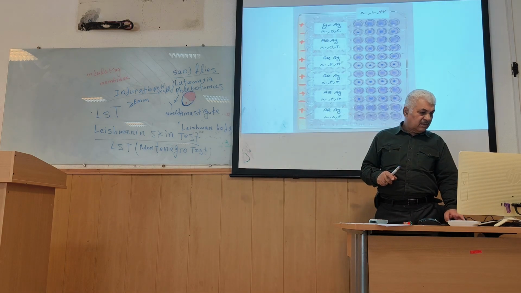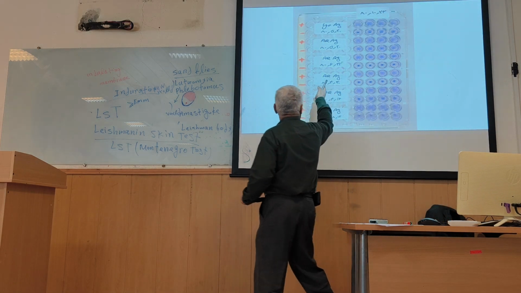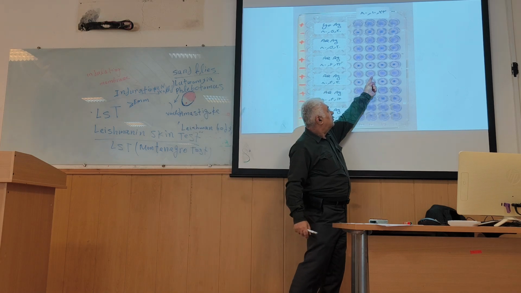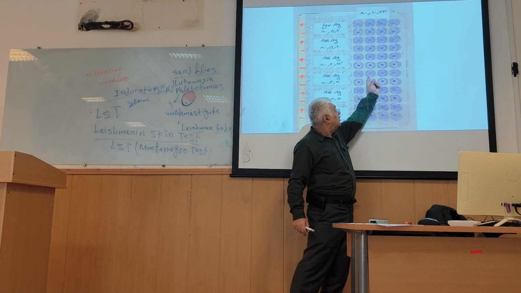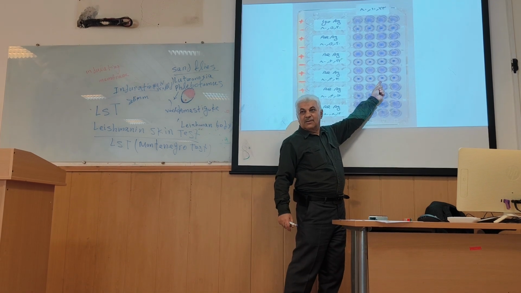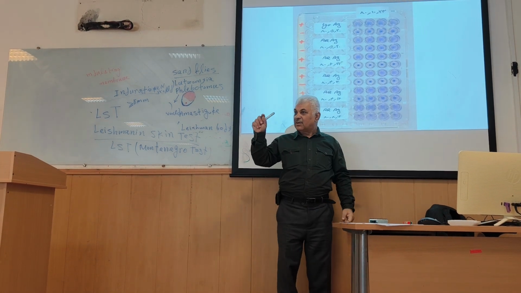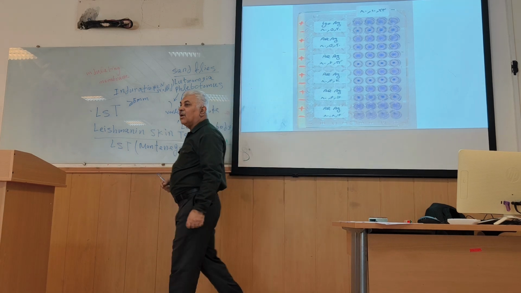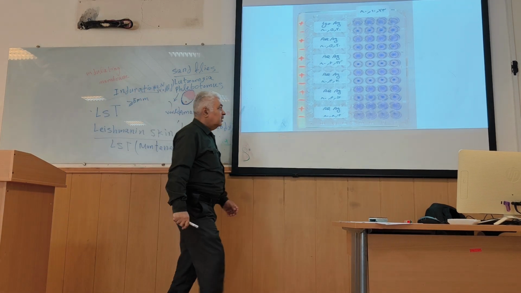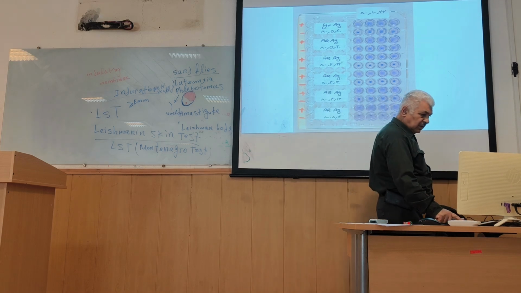Simple test. These are positive reactions because of agglutination, and these are negative reactions, a blue dot precipitated at the bottom of the plate.